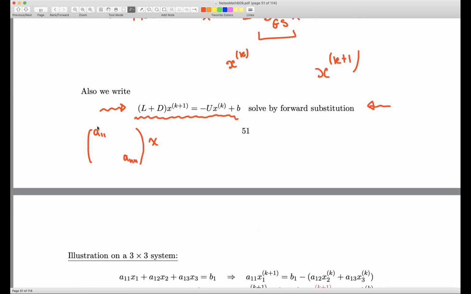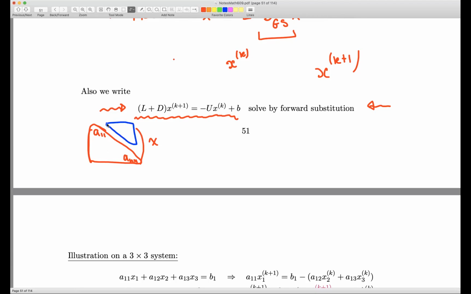L plus D is the lower part of the matrix A, the lower triangular matrix associated with A, and U is the upper triangular part associated with A. So here, this is what U is.